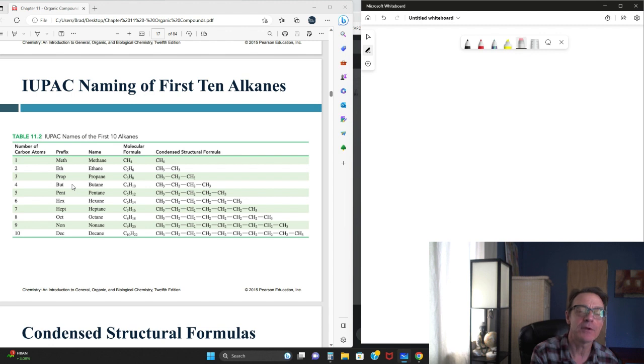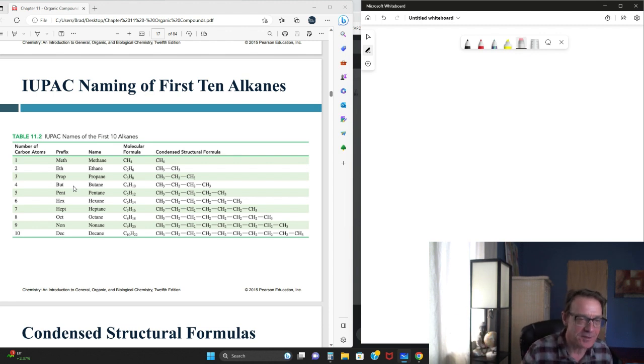And after that, we are basically using the Greek forms of that. You probably have seen before. 5 is pent, 6 is hex, 7 is hept, 8 is oct, 9 is non, and 10 is dec. The only really tricky ones are the first 4: meth, eth, prop, and but.